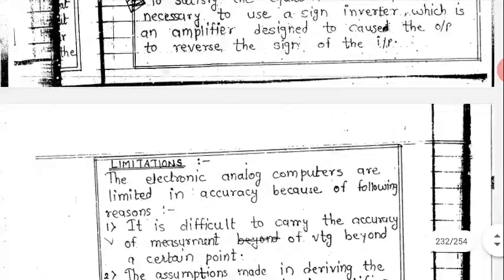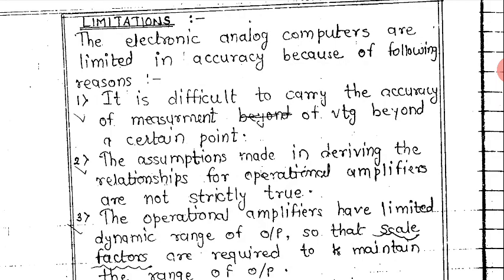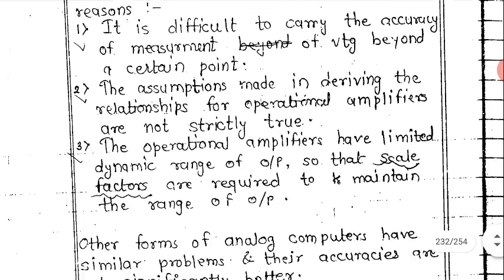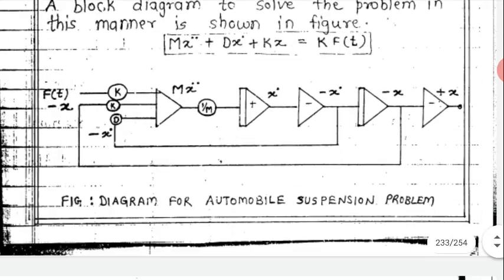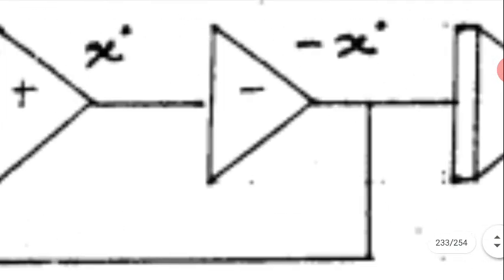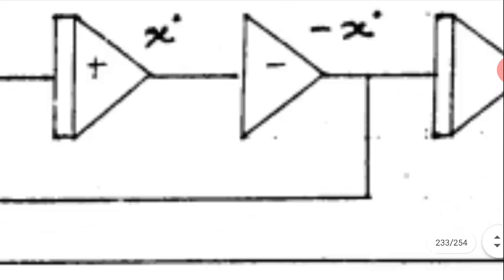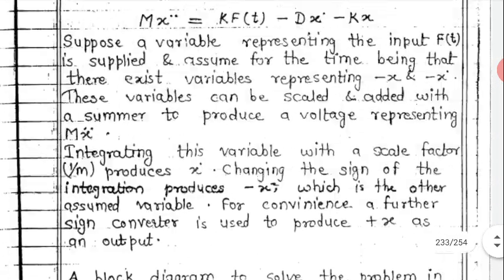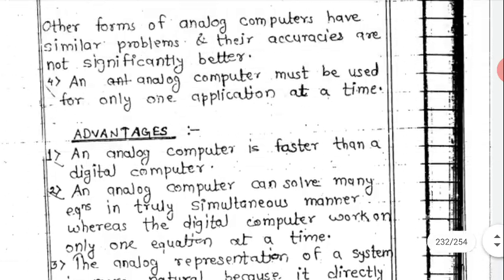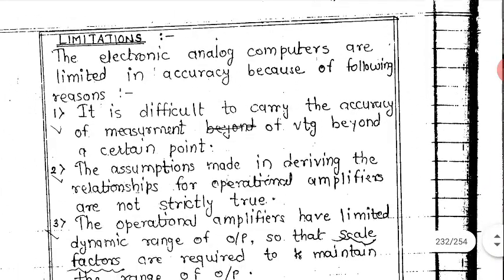We can see that in the diagram which will be shown here. This one is changing the sign. This symbol is used for changing the sign. What is the effect of that will be shown later on.